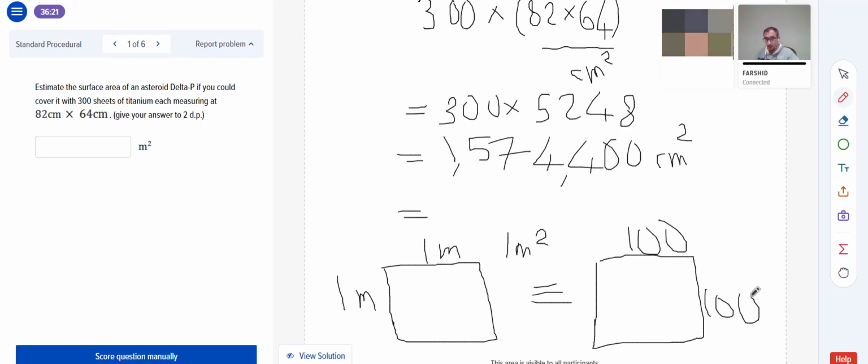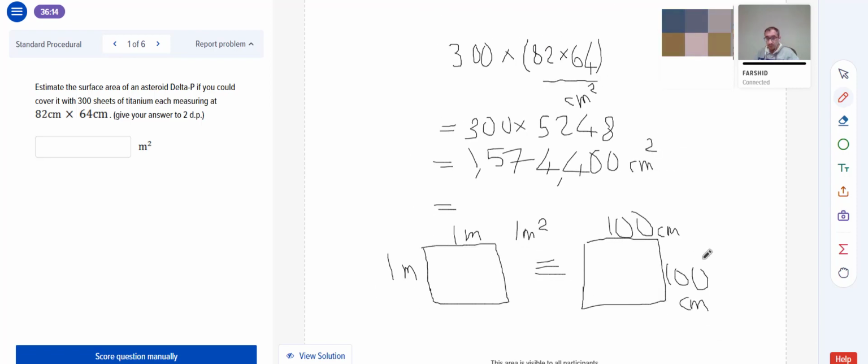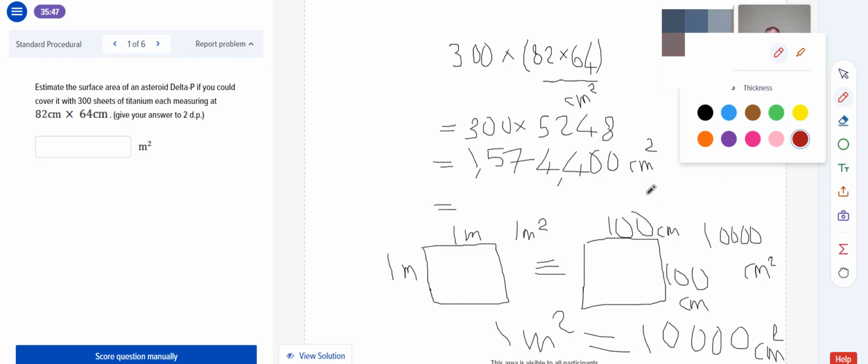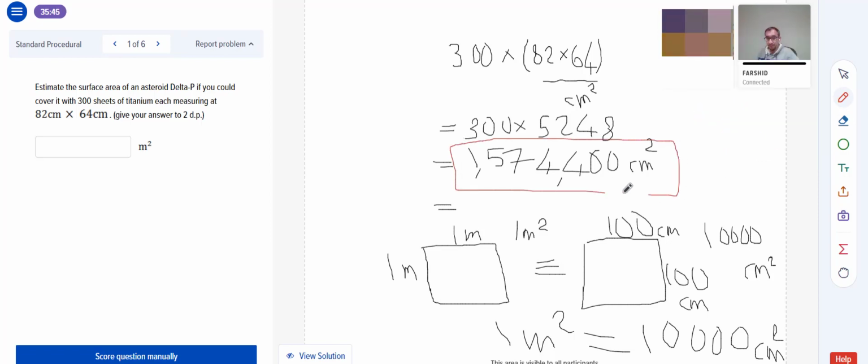So you will have 100 centimeters here, and 100 centimeters here. Then it is 10,000 square centimeters. So you will learn that 1 square meter equals 10,000 square centimeters. So I want you to convert this one to square meters.